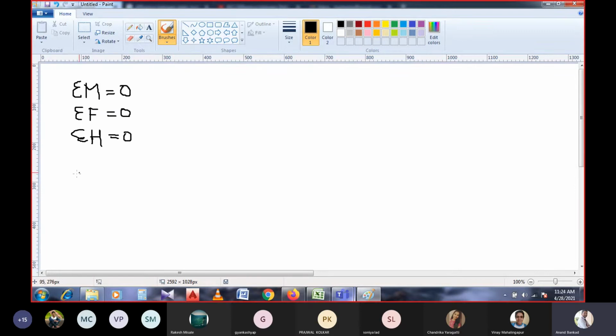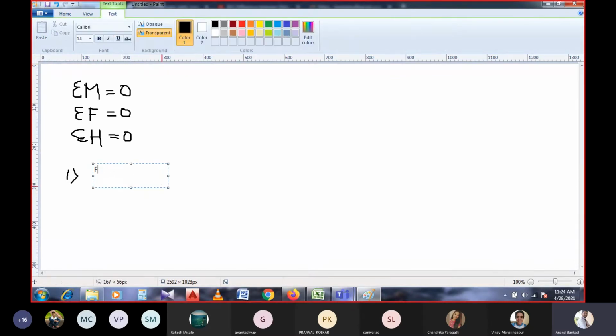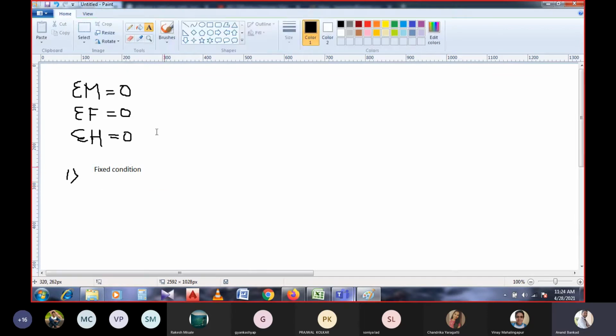The example to consider first is the fixed support. For this fixed condition, the support would be shown like this. The fixed condition for a beam or any structure would be shown in this manner, correct?